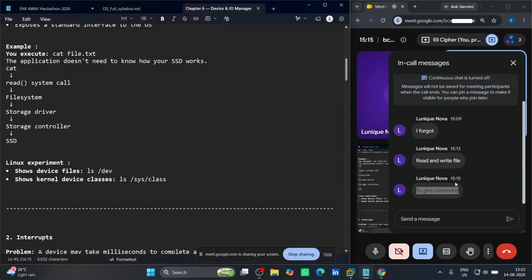System calls are actually just like the delivery boy between your user space and the kernel space. We have discussed it in our earlier module, maybe the computer architecture or the operating system module. I don't remember which one, but we have already discussed kernel space versus user space.